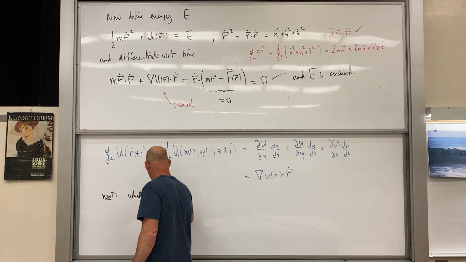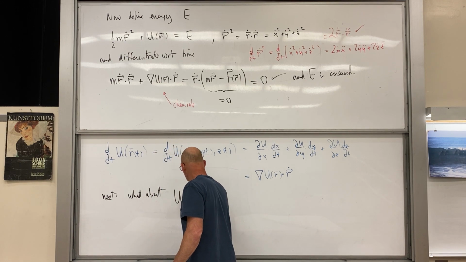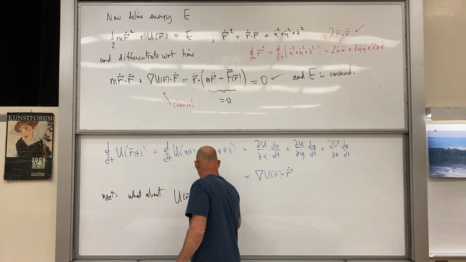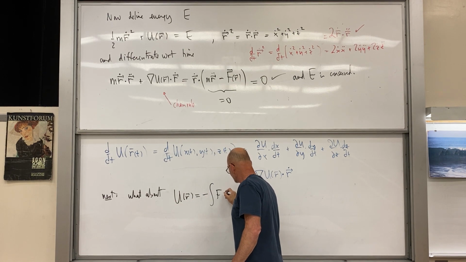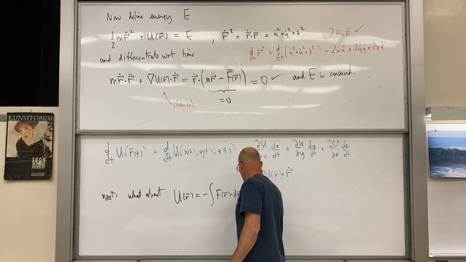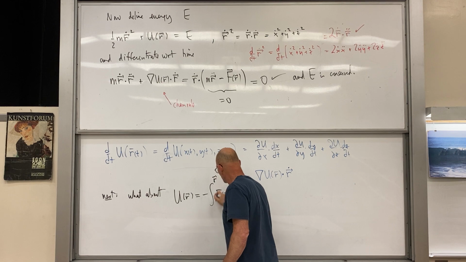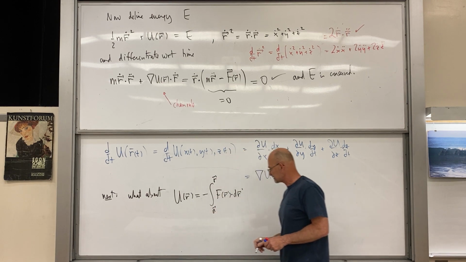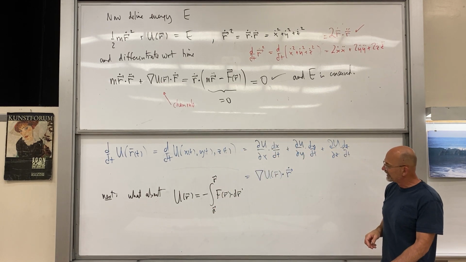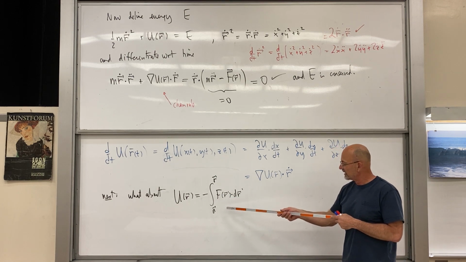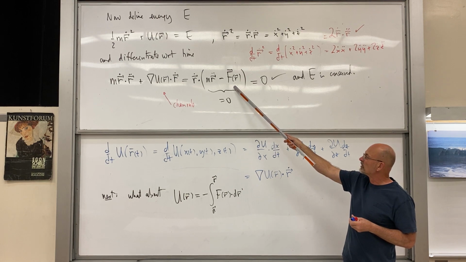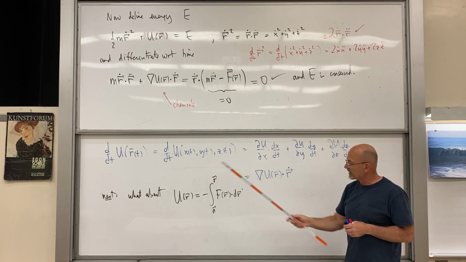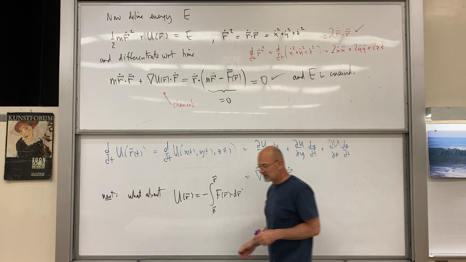What about u of r being this line integral, and the fact that I just claimed that the gradient of this is equal to, you know, minus the force? So that's the next thing we have to tackle.